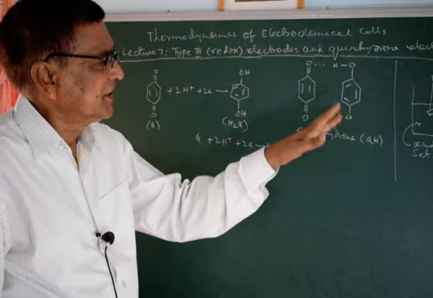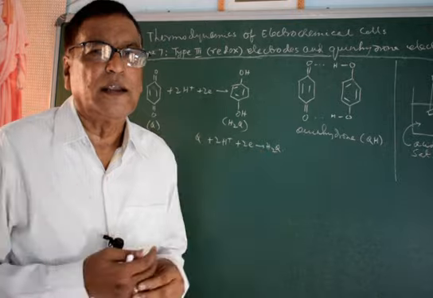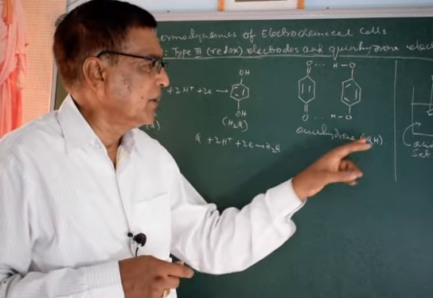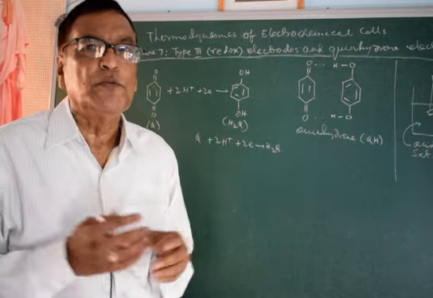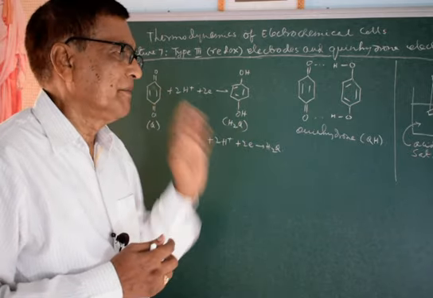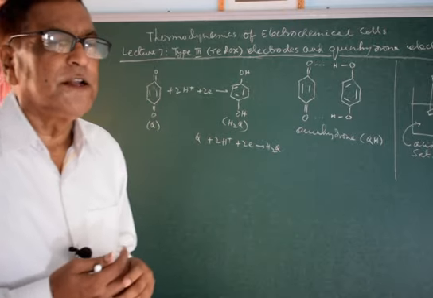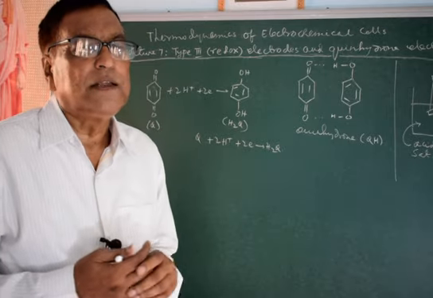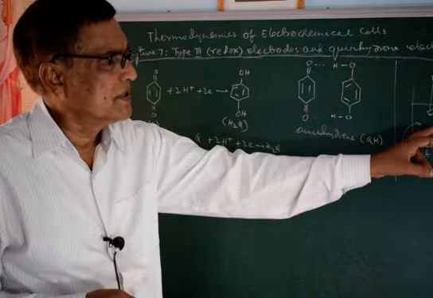It is sparingly soluble in acid solutions, and when dissolved, quinhydron dissociates into equimolar quinone and hydroquinone. This electrode is very simple to set up in the laboratory, and it is widely used to determine the pH of acid solutions.